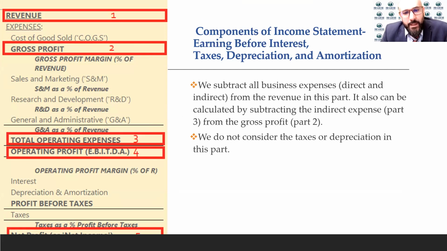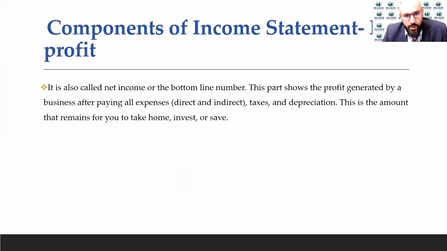It can be calculated by subtracting the indirect expense, which is part 3, from part 2, which is the gross profit. And in this part, we do not include the taxes or depreciation. We will include the taxes and depreciation in the next part.